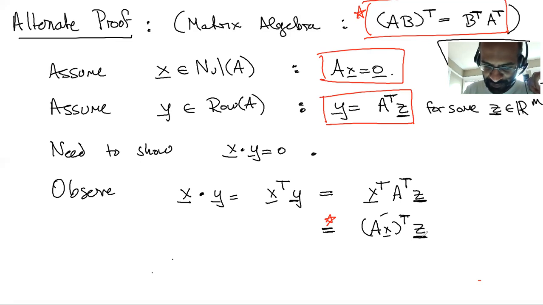This is the key step. But now what's AX? Well, by the first box, it's 0. So this is 0. So that's a slick matrix algebra proof of the same fact. Anyway, that's one thing many people asked about in the proof of the fundamental theorem of linear algebra in lecture 20. So that's the explanation.